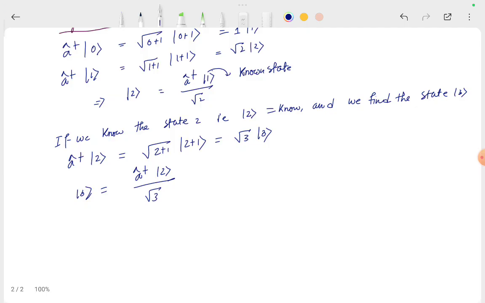Similarly, for the nth state, what can I get? If you're trying to find the nth state, a dagger on n minus 1 gives root of n minus 1 plus 1, so root n.